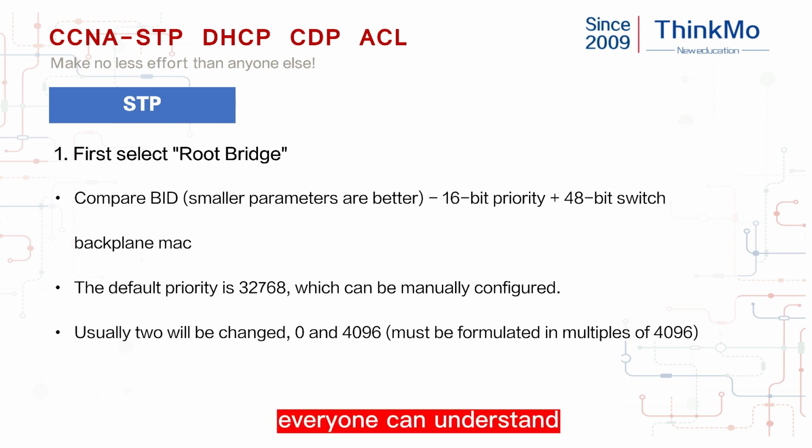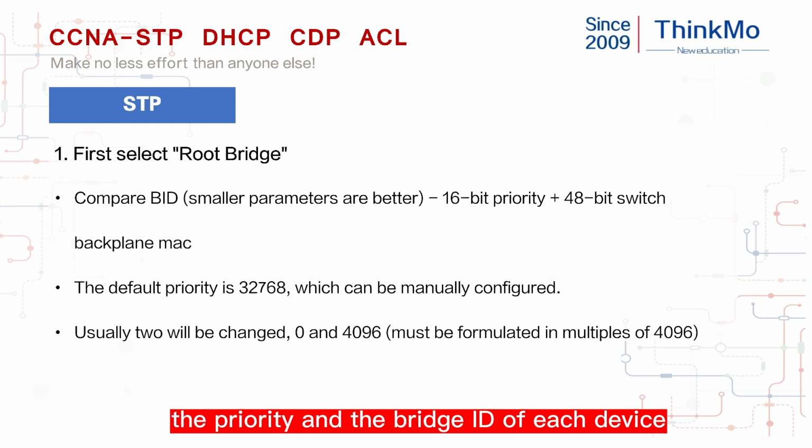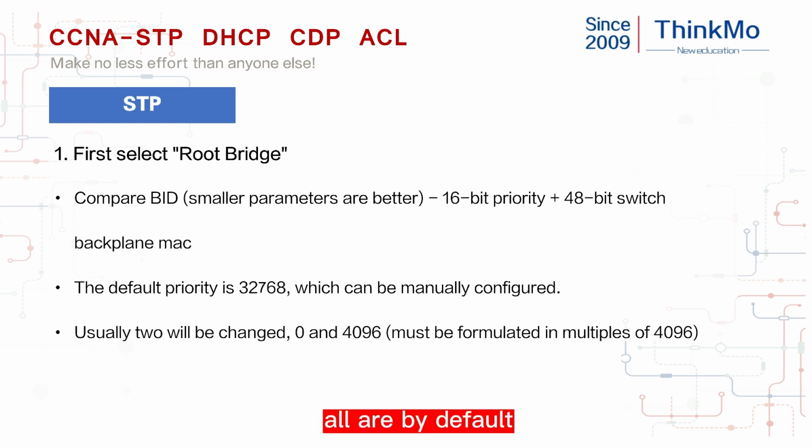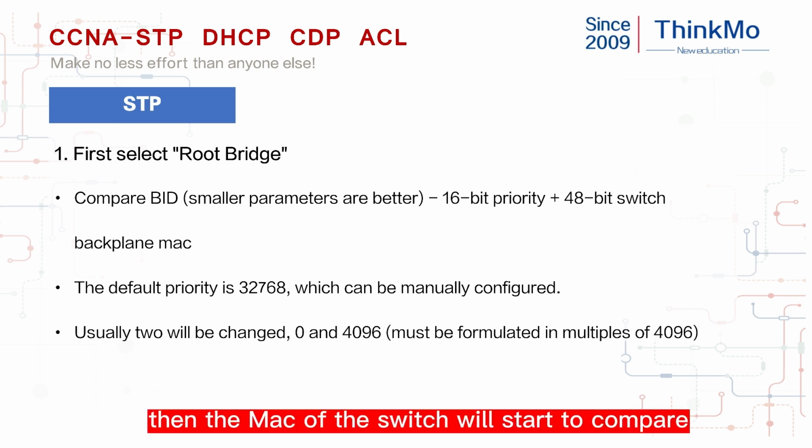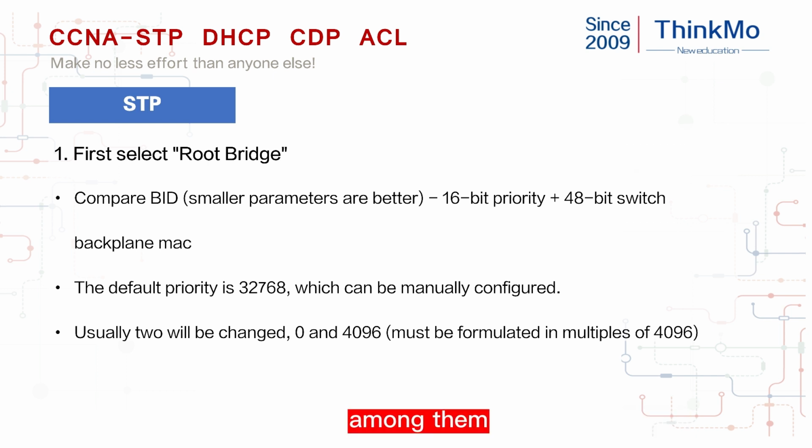Everyone can understand. We can manually configure. I tell you this: if now there are 3 devices, and the priority and the bridge ID of each device are all by default, then the MAC of the switch will start to compare. Among them, the smaller the MAC address, the better.